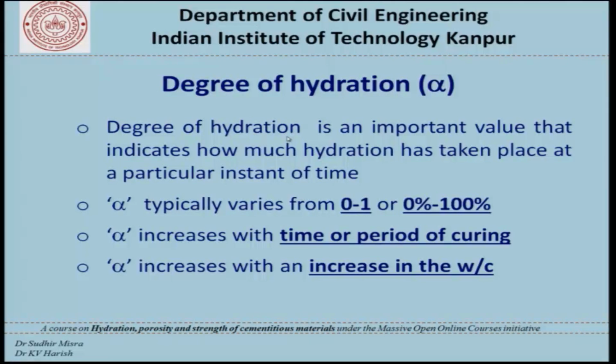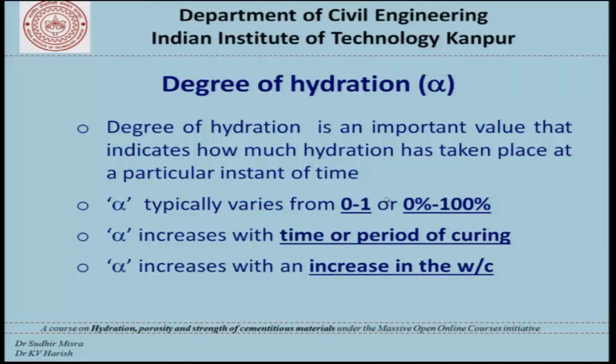Degree of hydration is an important value that indicates how much hydration has taken place at a particular instant of time. Alpha typically varies from 0 to 1, or if you want to express it in percentage, 0% to 100%. In Portland cement based space systems, it is usually very difficult to achieve 100% hydration, and hence this 100% may be understood as a theoretical and hypothetical value.